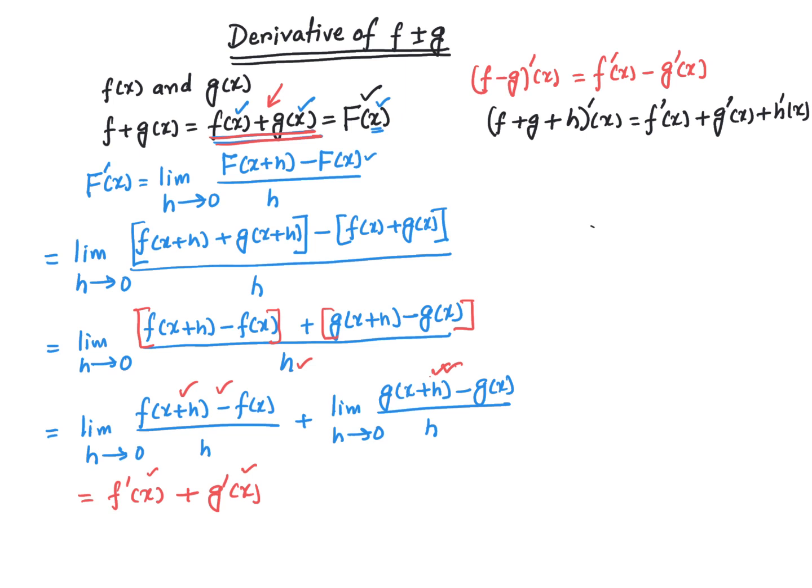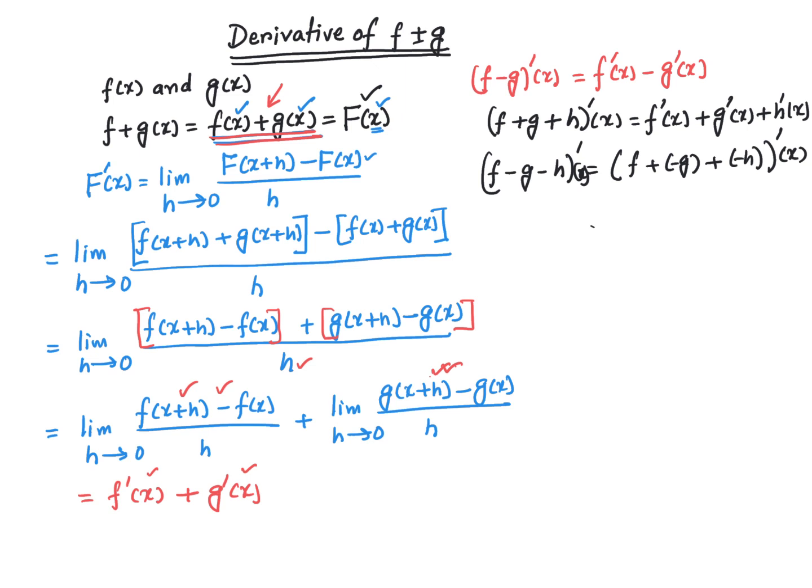Now, for the subtraction, maybe we could do something like f minus g minus h, right? Let's say I want to find the derivative of it. So I could really write that as f plus negative g plus negative h, and the derivative of it at x.